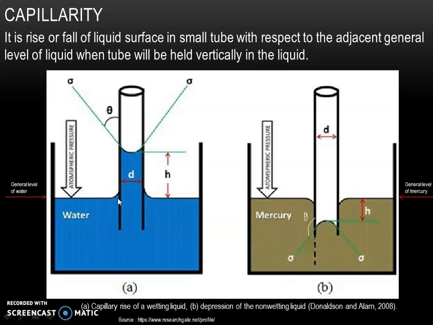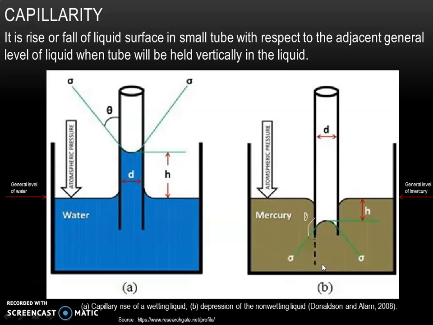This is a glass tube of diameter d which is inserted into the water, and sigma is the surface tension which is acting on the surface of the liquid, and theta is the angle between surface tension and the vertical axis of the glass tube. When the tube is inserted into water, there will be rise of water into the tube up to a height h.